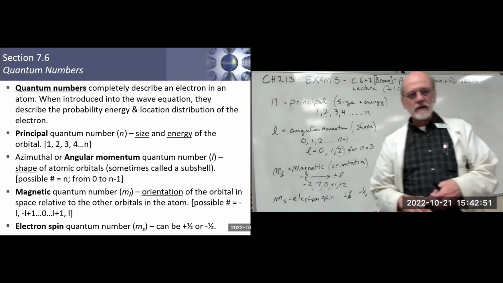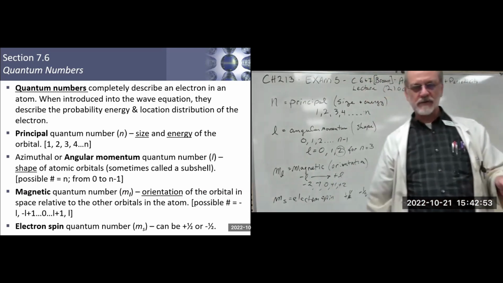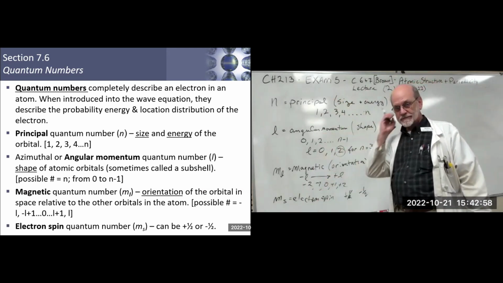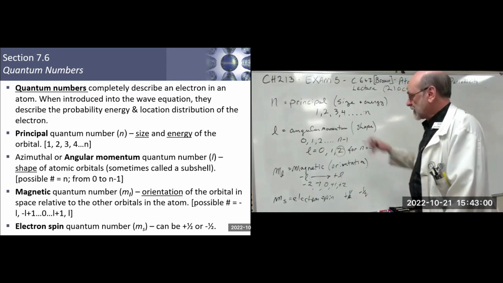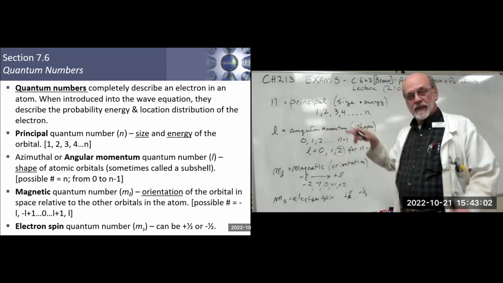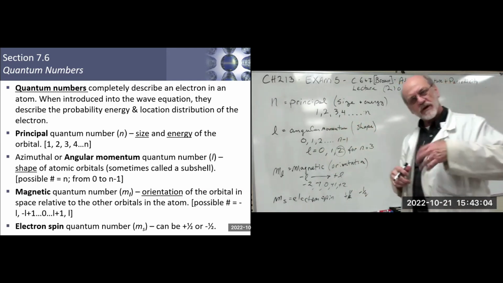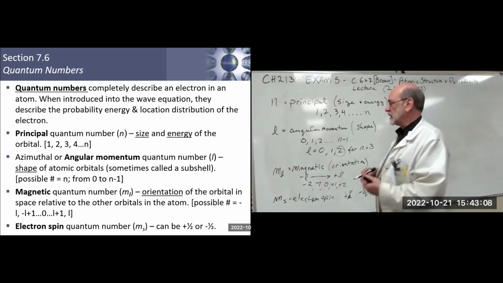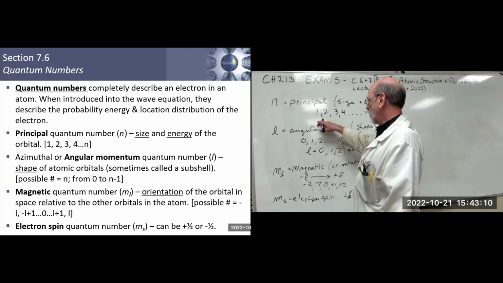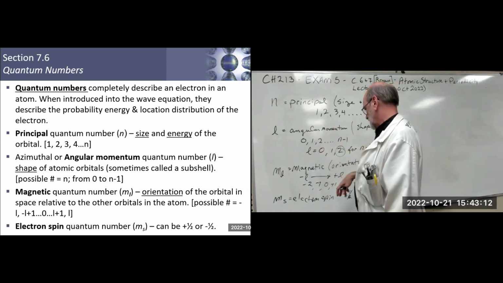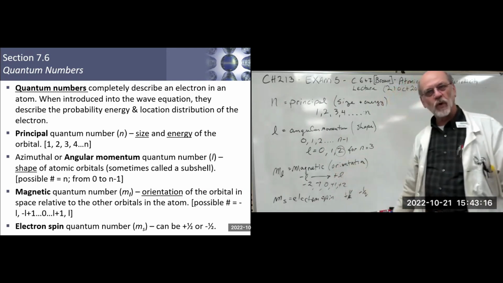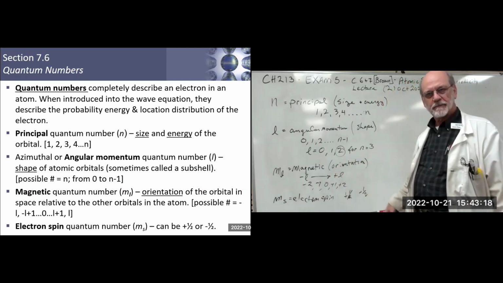All right. Those are the 4 quantum numbers: N, L, M sub L, M sub S. Now, for the L's, when we start writing electronic configurations, it's going to be confusing to write a 1-2 and then dash plus 4 or plus 1.